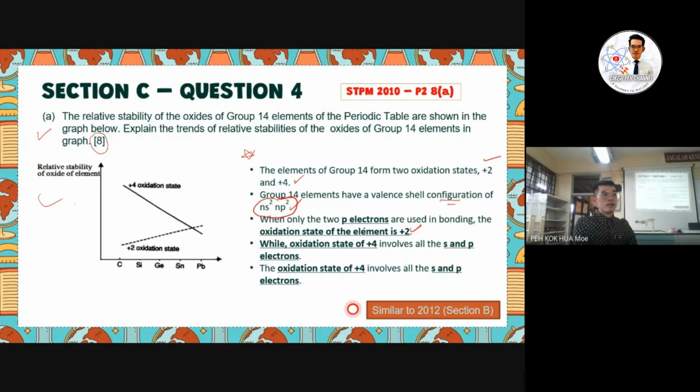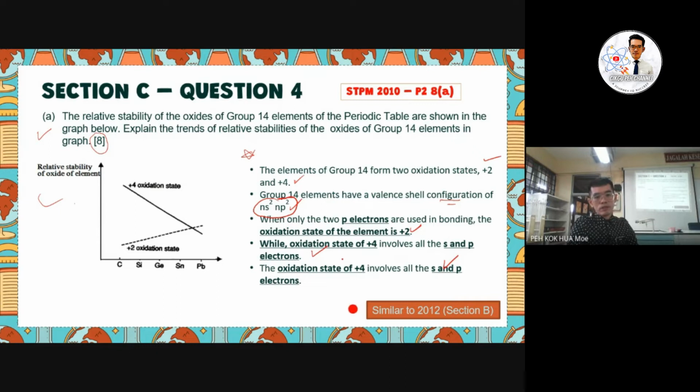Because there are only 2 electrons in the p orbital that can be involved in bonding and form the +2 oxidation state. And to become +4 oxidation, that means all the s orbital electrons and the p orbital electrons will be involved in the bonding.